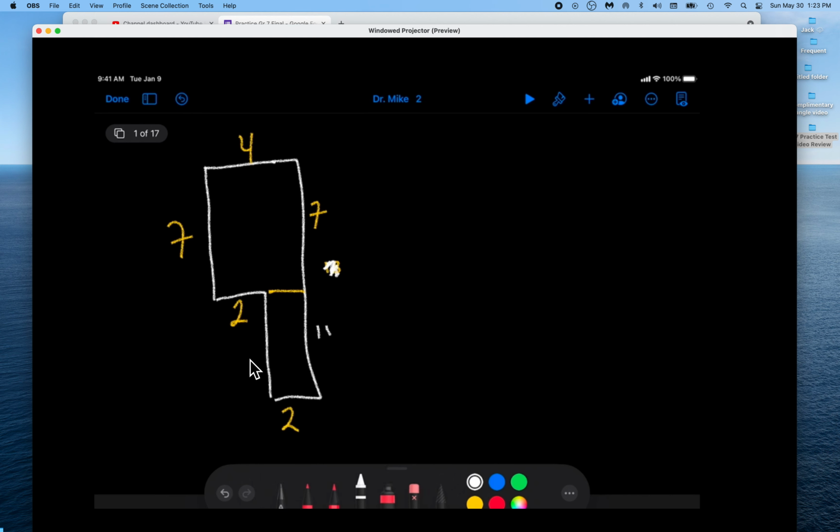Okay, now, do I have enough information to get the area of these two rectangles? Do I have length and width for both of them? I like to label the rectangles with Roman numerals so that you don't get the numbers confused. If I put a 2 here, I might confuse myself that that's the length of that side. So I use Roman numerals just for that reason. Rectangle, Roman numeral 1, the area is going to be 4 times 7, or 28.